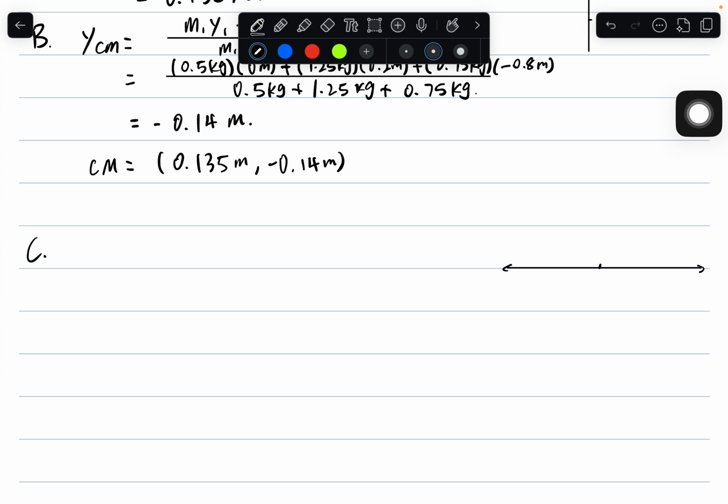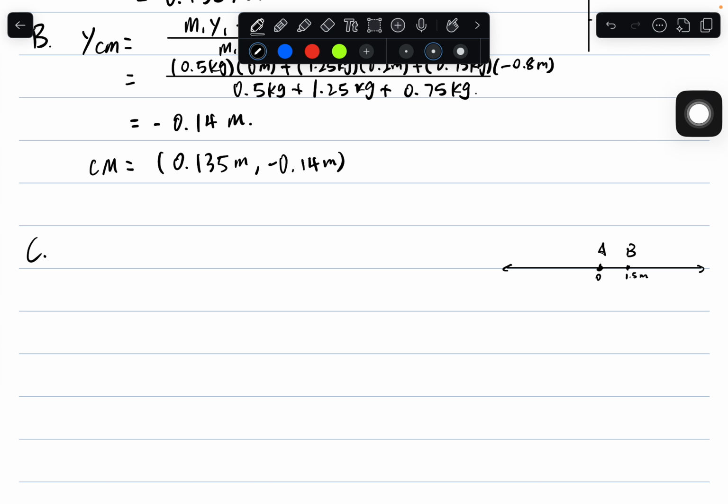Let's set here as the origin. We have a 3 kilogram object right here, which is object A, and object B is 2 kilogram at 1.5 meters. So here, 1.5 meters, we have our object B.